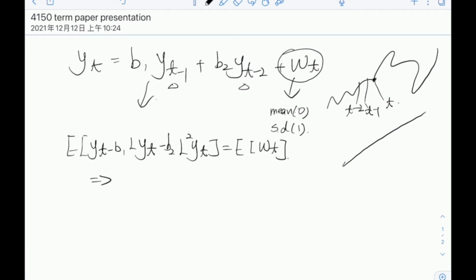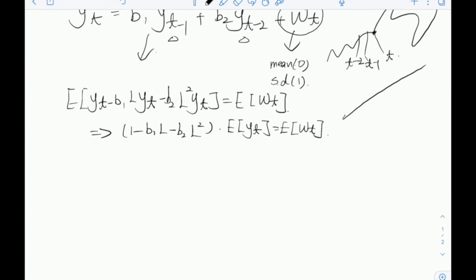So we actually calculate the expectation of Yt.